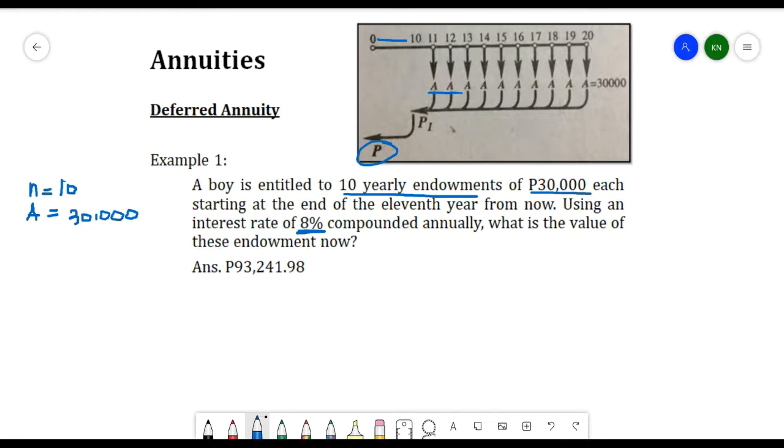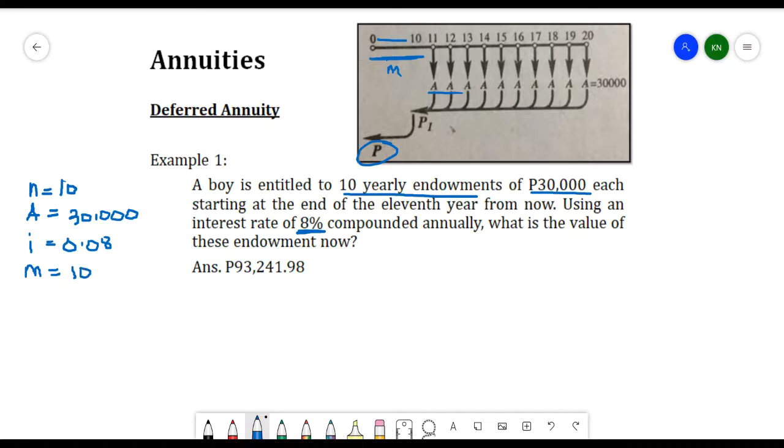We also have the interest rate, I, which is equivalent to 0.08. There are 10 periods that have no payment, so that is our M. Our M is equivalent to 10.